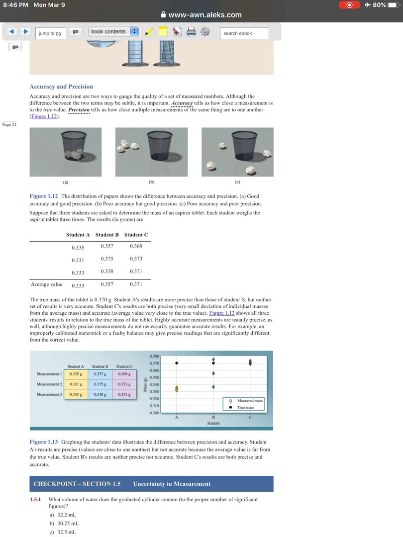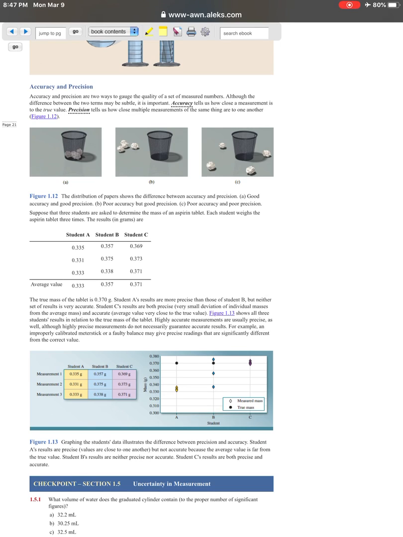But there's also an issue of precision, which is how close the tosses are to each other. So imagine you throw them all, but they're all the same distance away. They're all close to each other, but far away from the basket. We would say that you weren't very accurate. You didn't get them very close to the basket, but you threw them to the same spot. That would be called high precision.